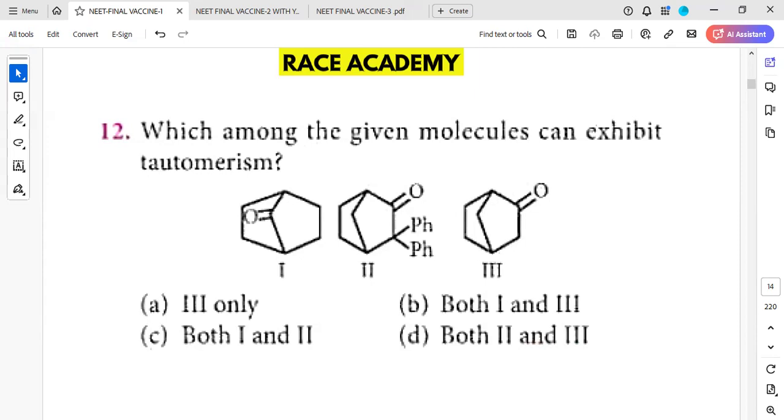Once again, I'll show you what the third structure is. The third one given to us is like this. Internally, one bridged carbon is also there. And we have a double bond present like this. It means you can have the alpha hydrogens in this position.